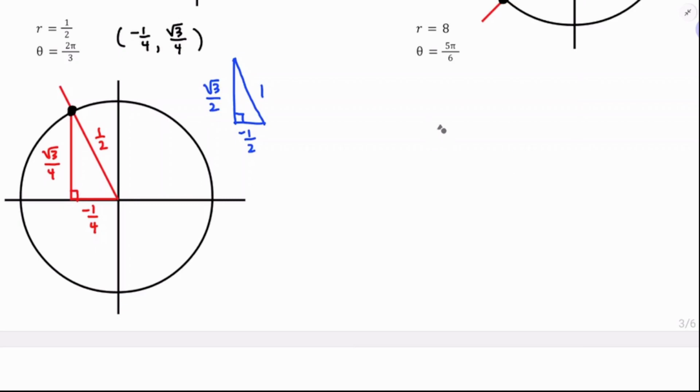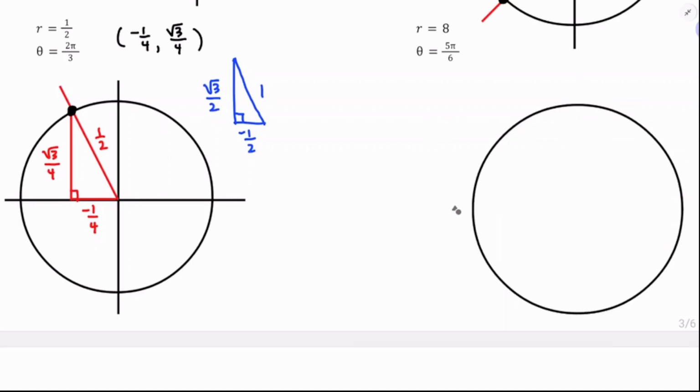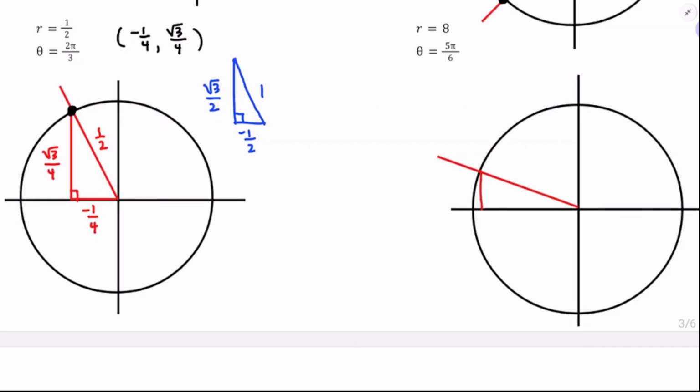Let's make another diagram. 5 pi over 6, almost all the way to pi. Short by pi over 6, which is 30 degrees. So we go back up the circle, 30 degrees. Draw a reference triangle.